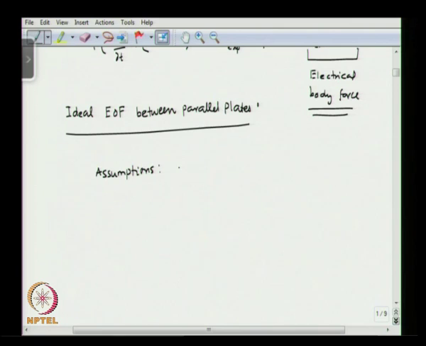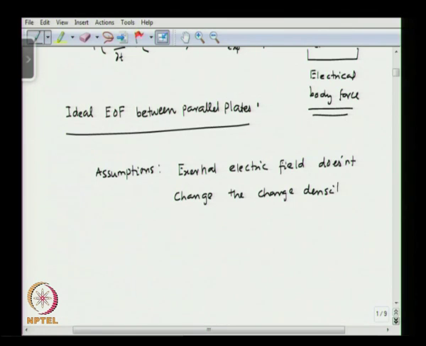So the assumption is that the external electric field does not change the charge distribution, the charge density.